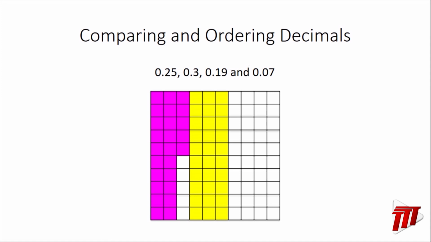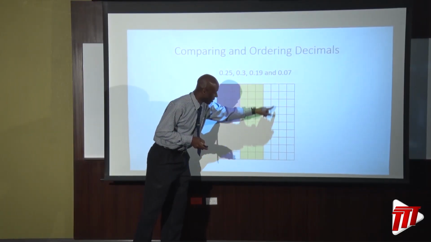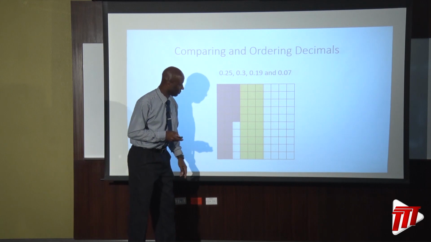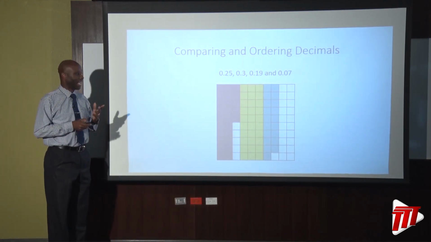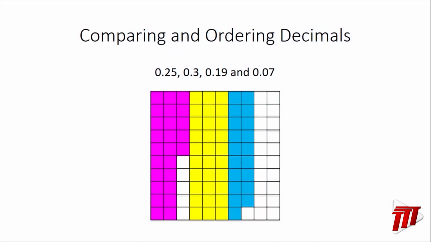19 hundredths would be 10 hundredths plus 9 hundredths, 19 hundredths. Of course, we can think of 19 hundredths as 1/10 and 9 hundredths.